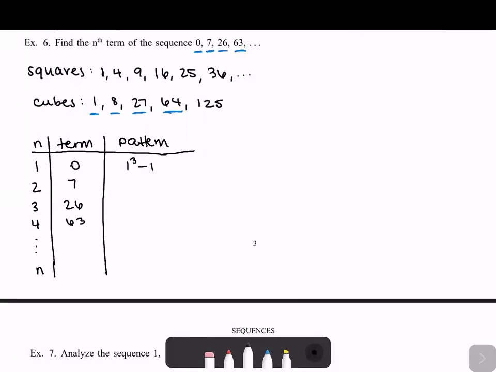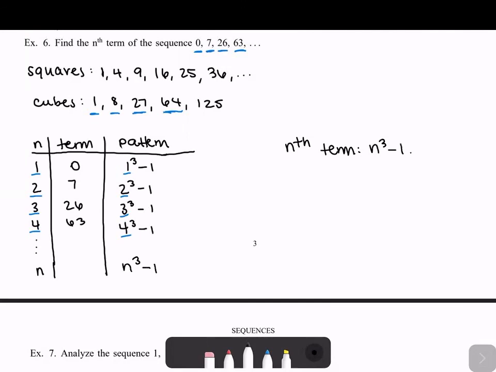Our second term is 2 cubed minus 1. Our third term is 3 cubed minus 1. Our fourth term is 4 cubed minus 1, where the only thing changing is, again, the base that we raise to the exponent, corresponding exactly to the nth position. So we can write our general form as n cubed minus 1. So our nth term is n cubed minus 1.